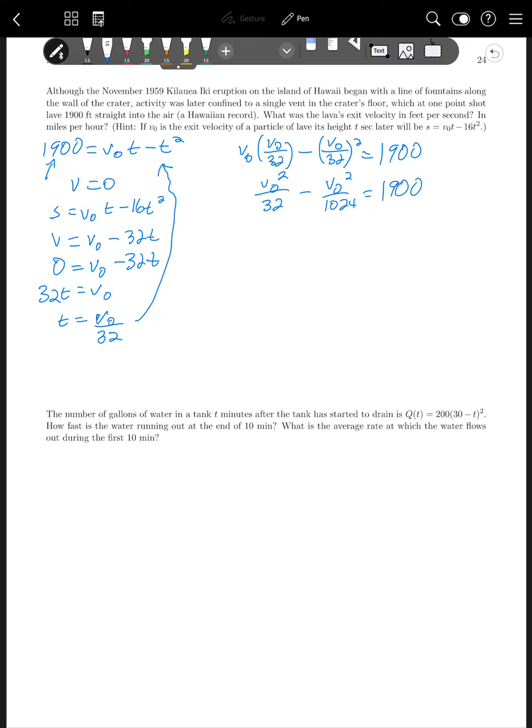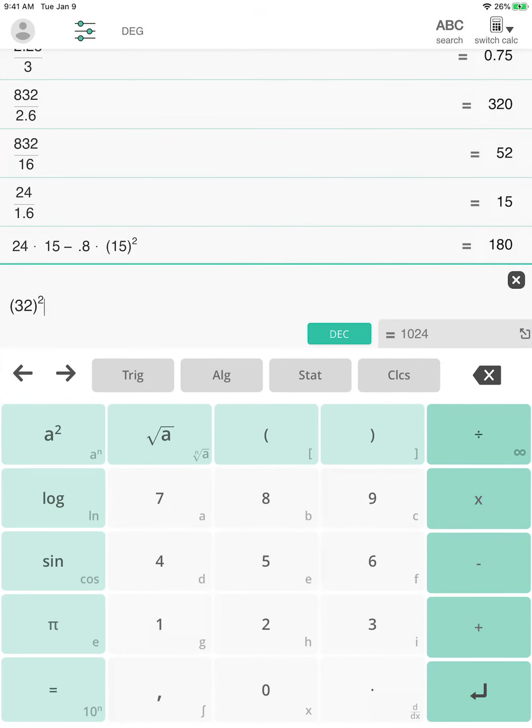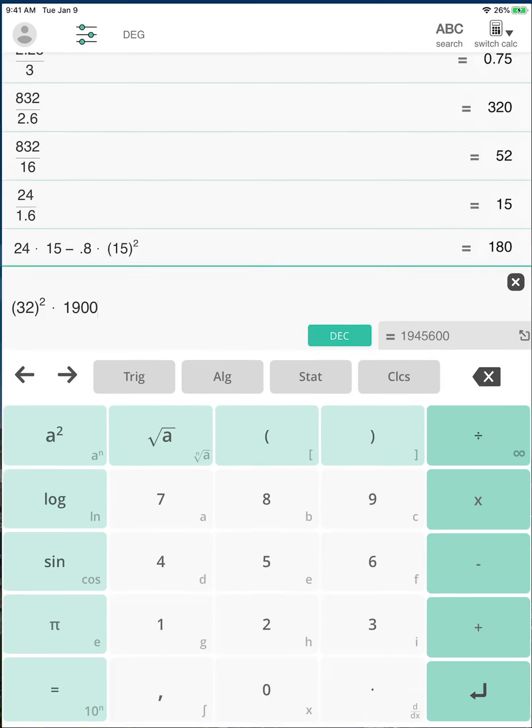Now we can get rid of the fractions by multiplying both sides by 1024. That gives me 32 v naught squared minus v naught squared equals 1900 times 1024, which is 1,945,600.